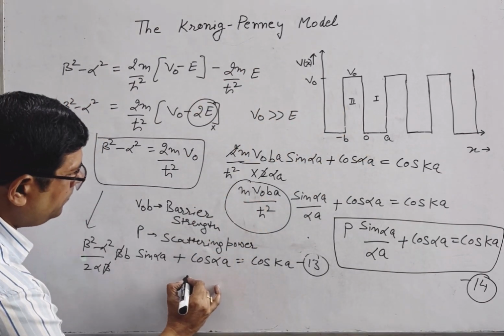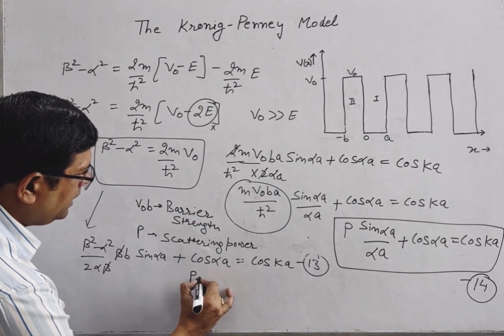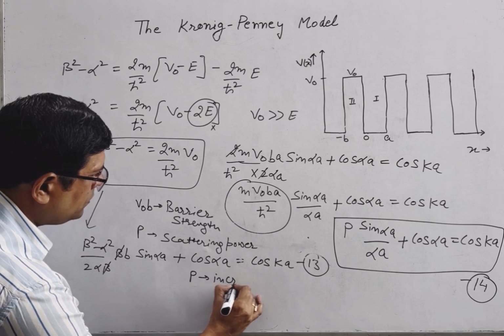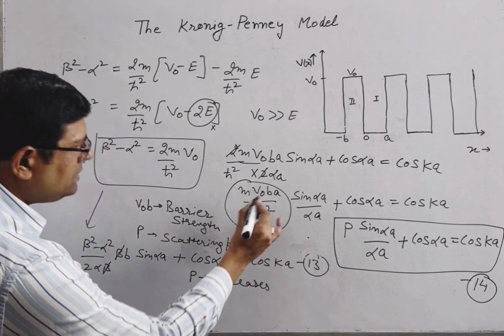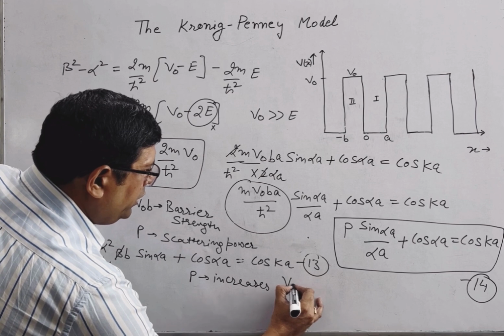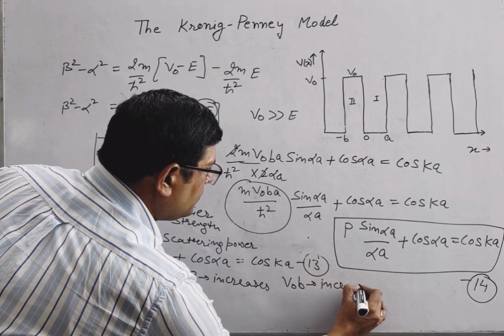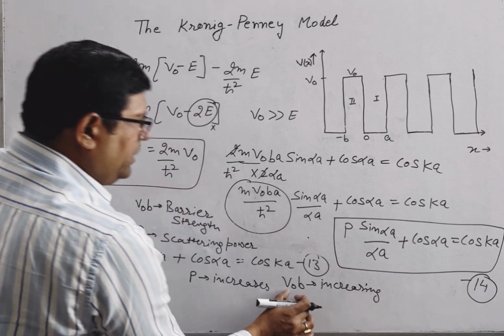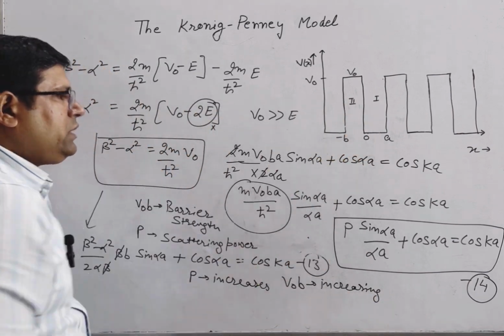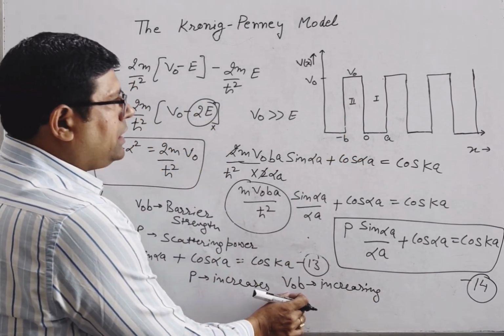You know, as P increases, means V naught b is increasing, means the area of this potential well is increasing.